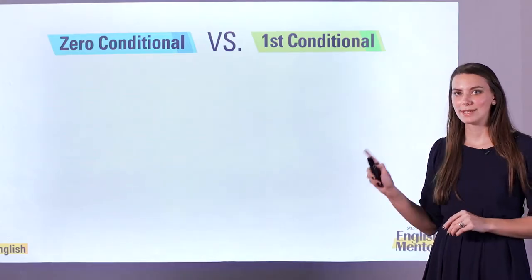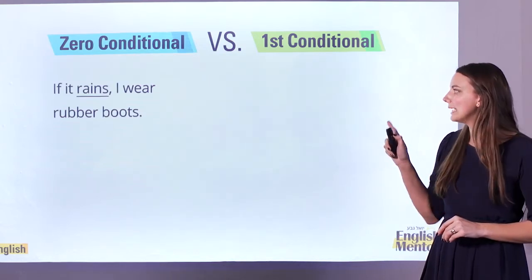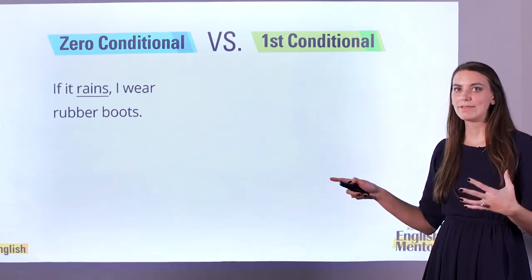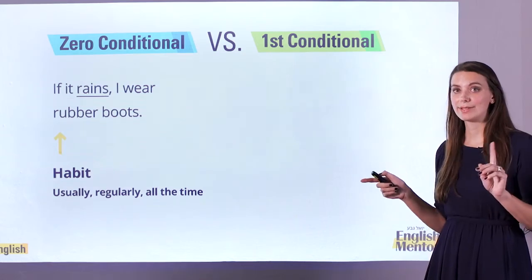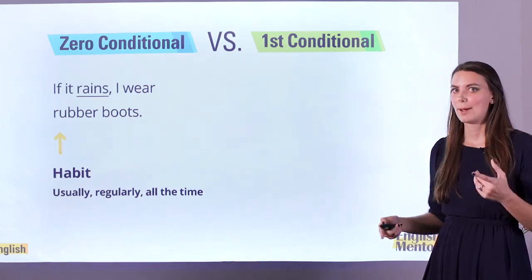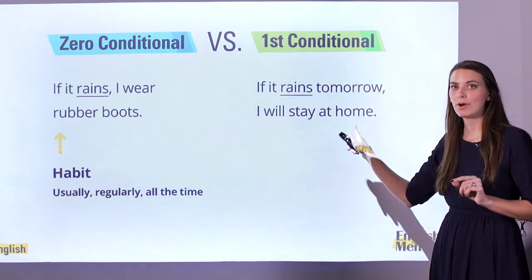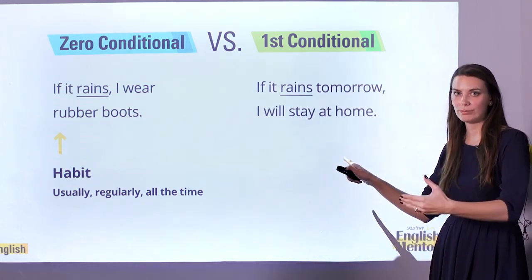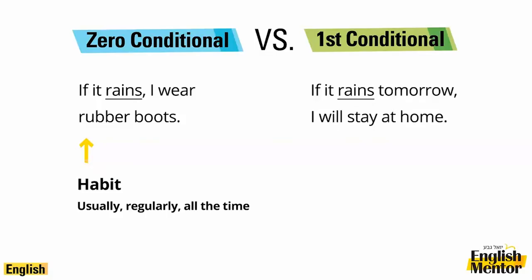Let's compare zero conditional and first conditional. In the zero conditional, if it rains, I wear rubber boots. That's a habit, something that's true for you, something that you usually do. But the difference with first conditional, if it rains tomorrow, I will stay at home. It's not a habit that every time it rains, you stay at home.